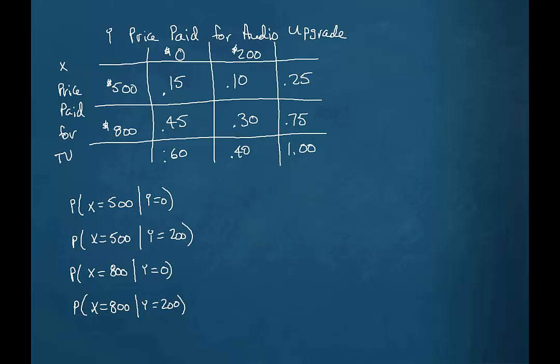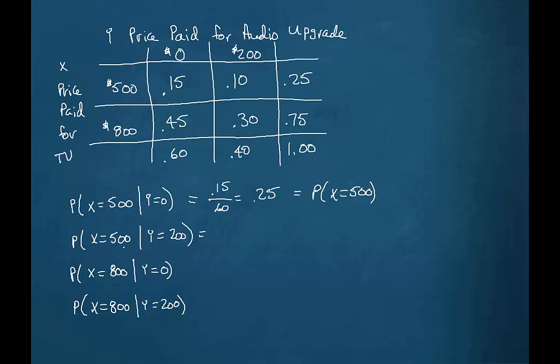Well, the probability that x is 500 given y is 0 would be 0.15 divided by 0.60, which would reduce to 0.25. And the thing that we see there is that that is equal to the probability that x is 500. So for at least one case, we have shown that these two probabilities are the same.